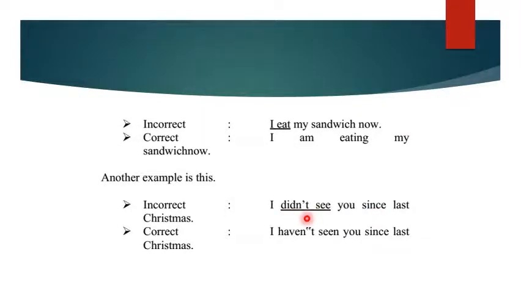So here the speaker just used the past simple, which is again equivalent to the Arabic sentence, which in this case would be لم أراك, in past simple, because they don't have an equivalent to the present perfect tense as it should be here: "I haven't seen you since last Christmas."